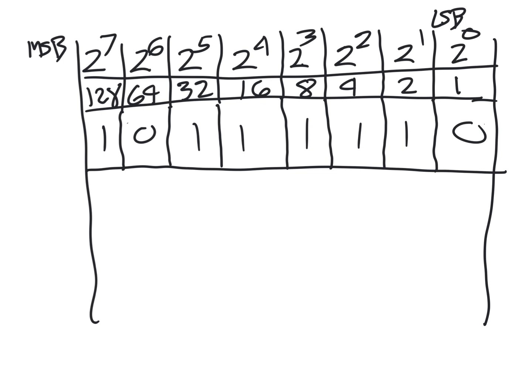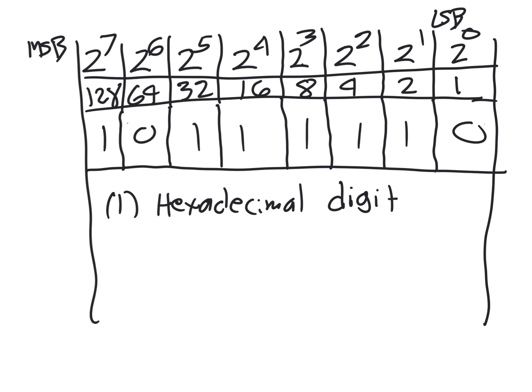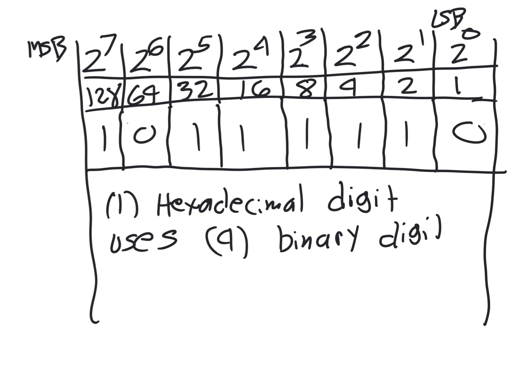So we can say then that 1 hexadecimal digit uses, or corresponds to, whichever you like, exactly 4 binary digits.